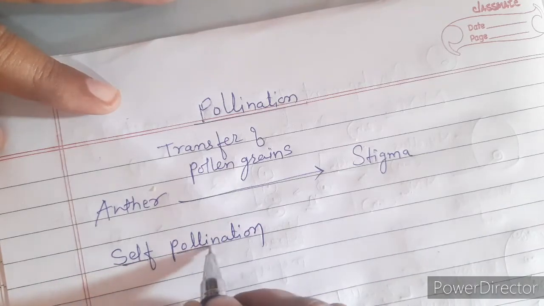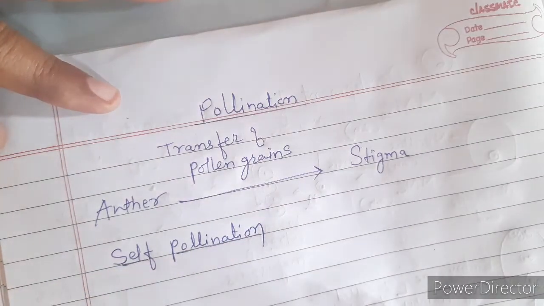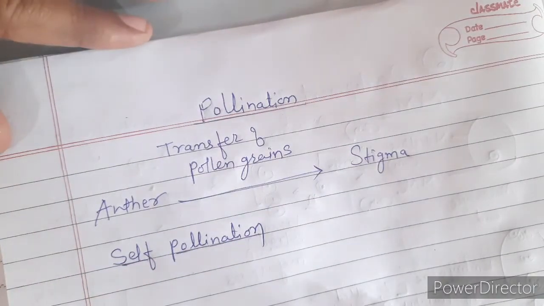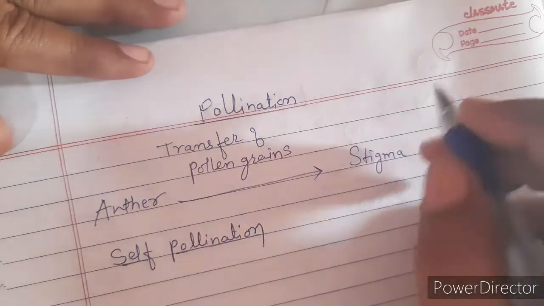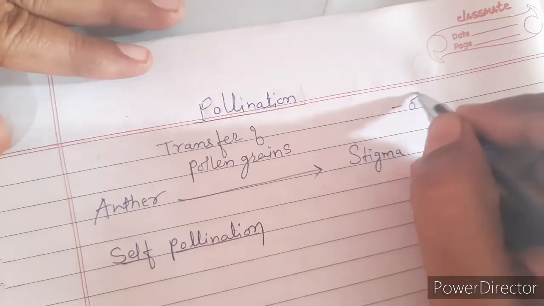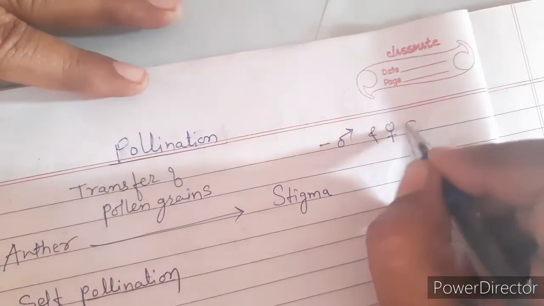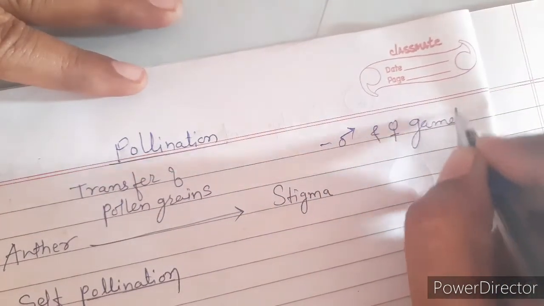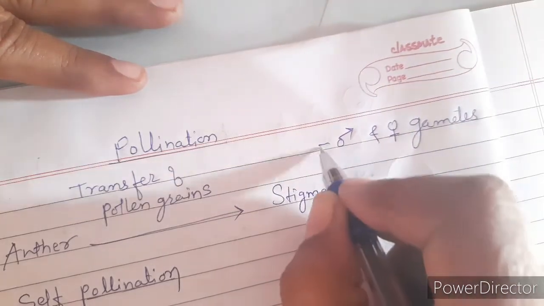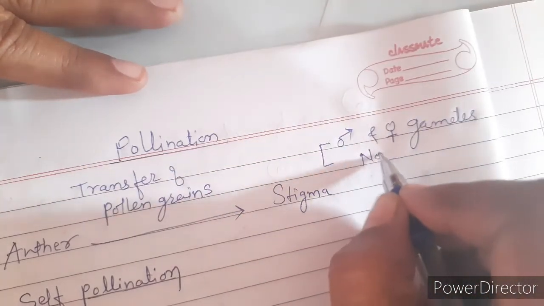See here. Actually, plants produce non-motile gametes, both male and female gametes are produced in the flowering plants. They are non-motile.